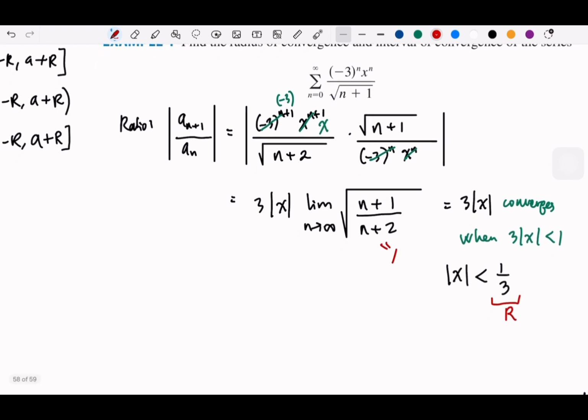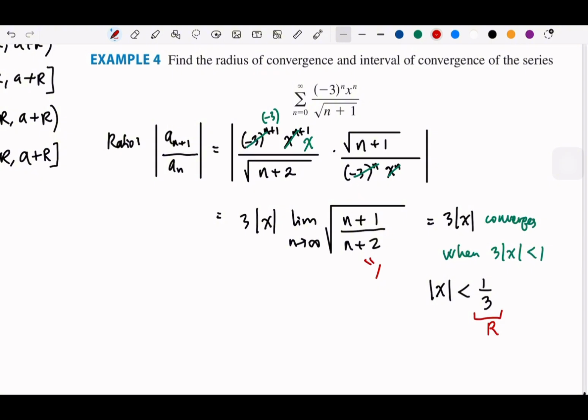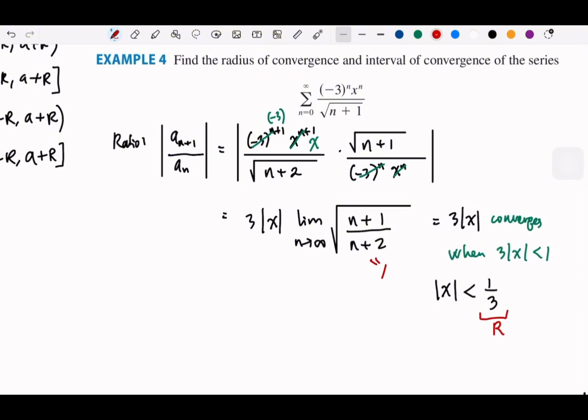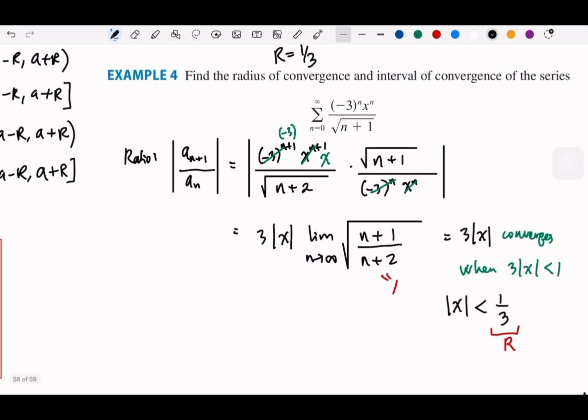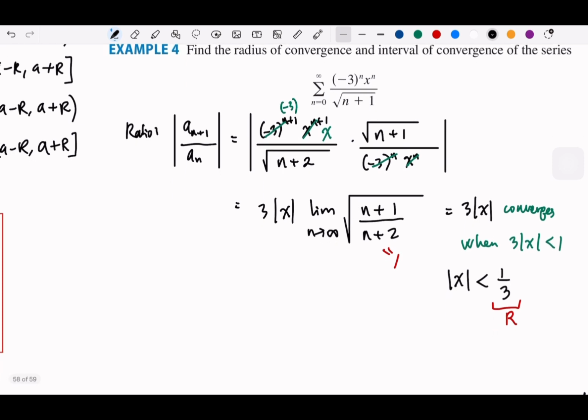If the question asks for the radius of convergence, then this will be the answer: the radius of convergence is 1 over 3. And the interval means that we need to expand the x interval. That's the interval of convergence. So negative 1 over 3 less than x less than 1 over 3 will be the interval of convergence.